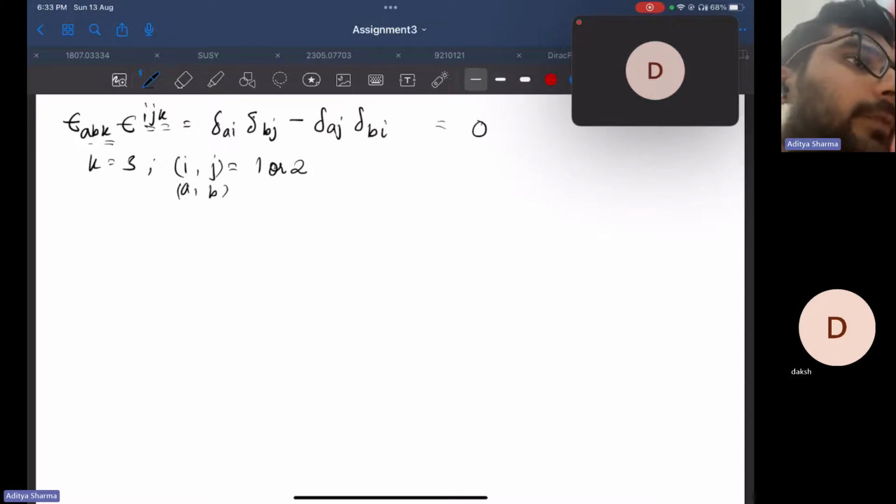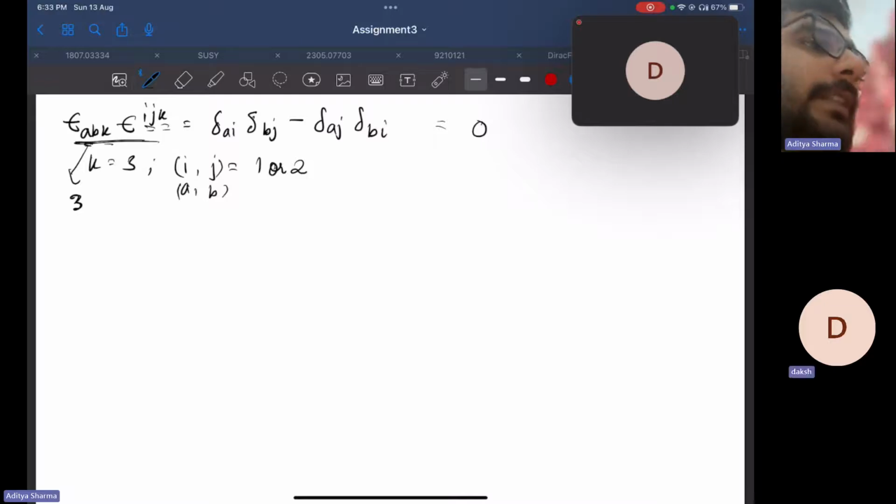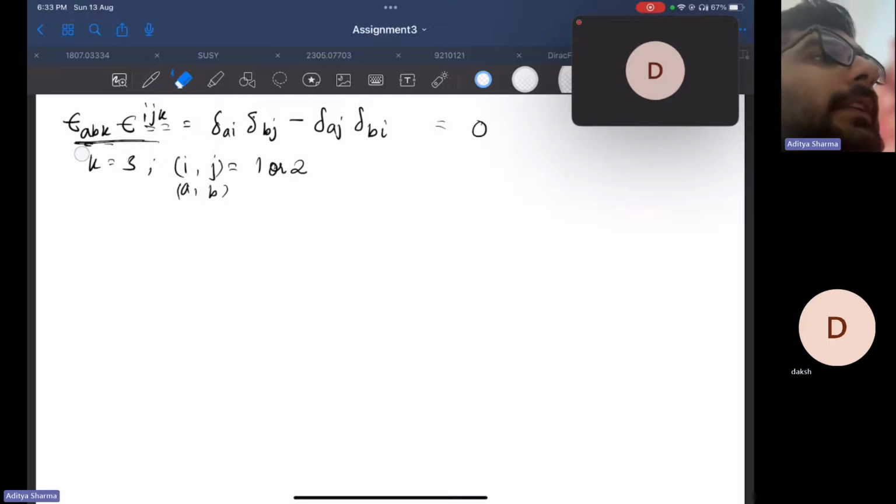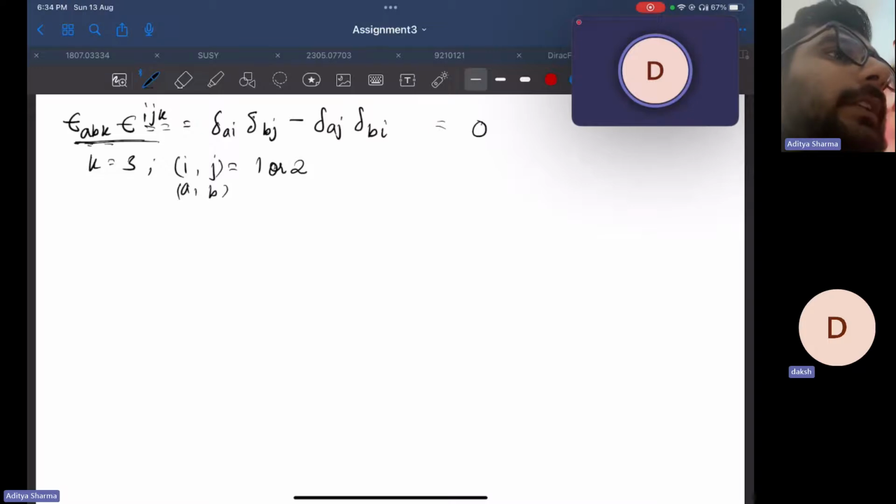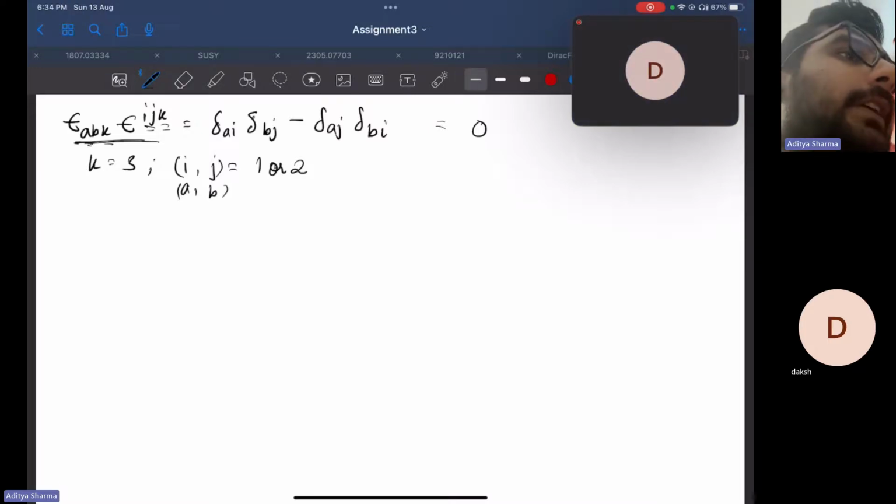So okay, if you put a is 3, then this part is 0. You can take this as homework. You can show it for one case.